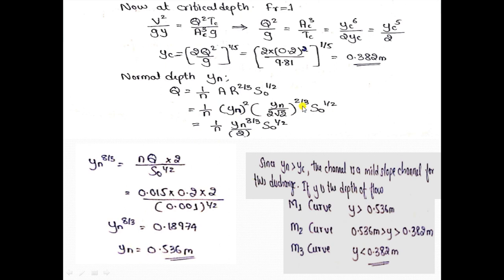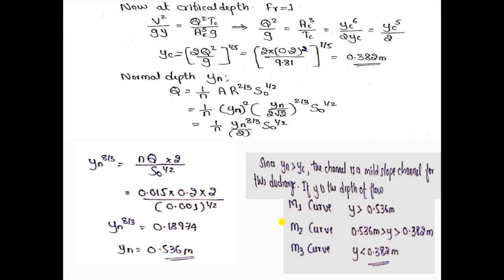So here you can note the critical depth is 0.382 and the normal depth is 0.536, which indicates that the given slope of bed of channel is mild. In case of mild slope channels, the normal depth is greater than the critical depth. So since yn is greater than yc, the channel is a mild slope for the given discharge condition and given slope.